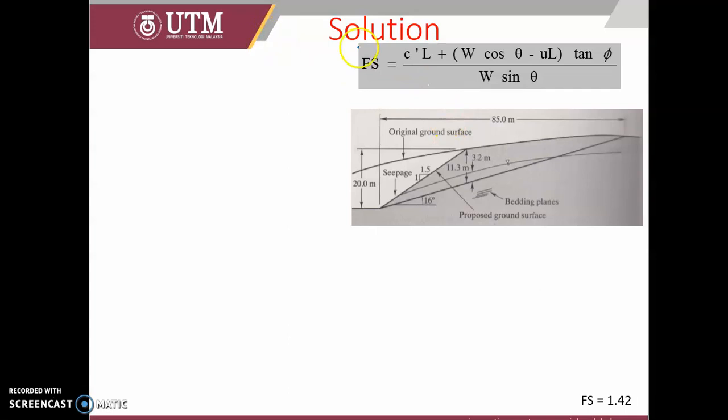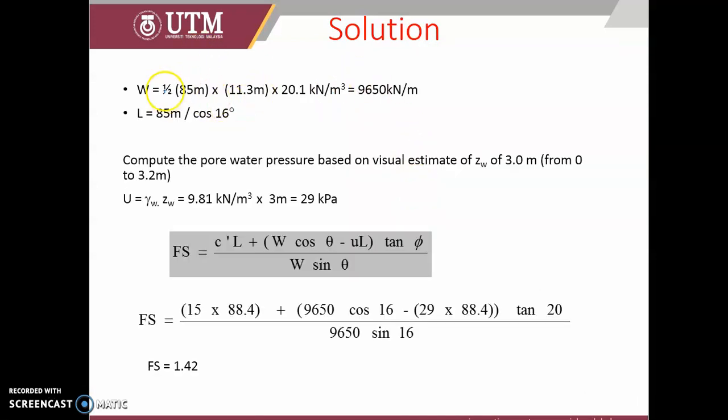Remember the equation is given here. You choose the effective stress equation which has the pore water pressure, considering the pore water pressure at the water table here. So here is the length, and I believe this is the height and gamma of the soil. The length is calculated again using this, and we calculate the pore water pressure.